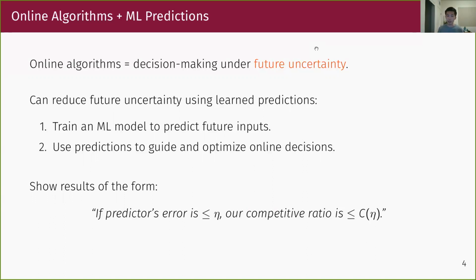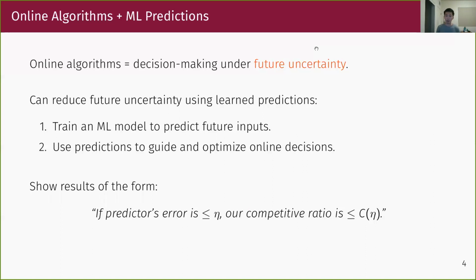So one feature of this framework versus other approaches to modeling beyond worst case online algorithms is that here we don't make any assumptions about the structure of the input. And rather, we just assume that there exists a black box predictor that is able to predict future input well. And so another benefit is that in this model, you can actually verify the hypothesis that the predictor is accurate, whereas it is more difficult to verify the stochasticity of your input.